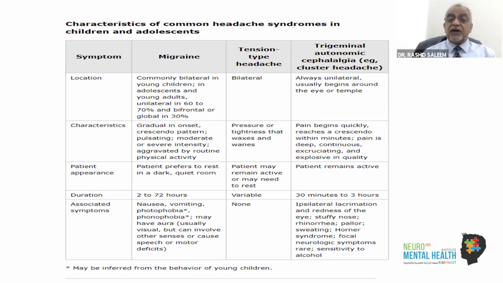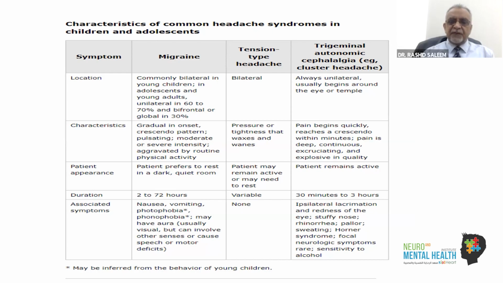Tension type headaches don't have any auras, and cluster headaches are associated with autonomic features, which are unilateral, and they can range from eyelid swelling, redness of the eyes, lacrimation of the eye on one side, and watering from the nose on the same side.